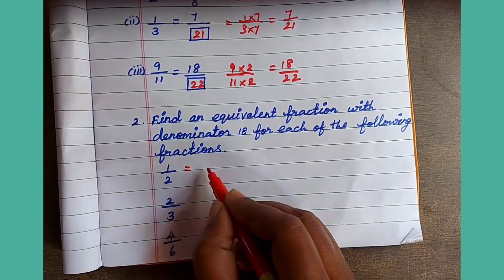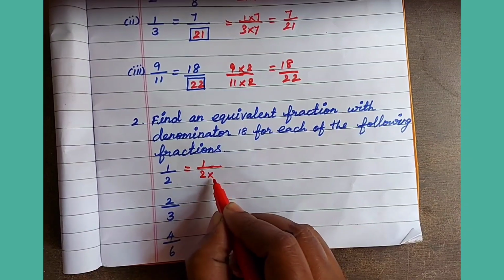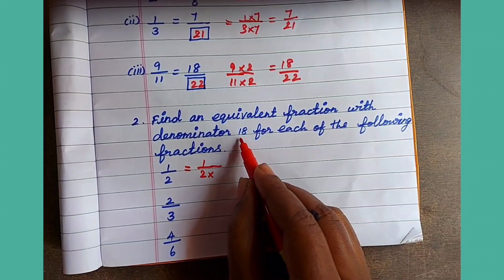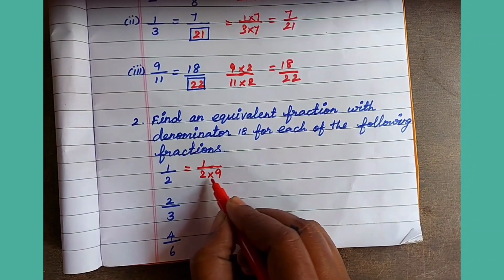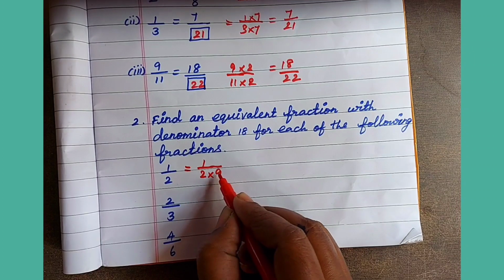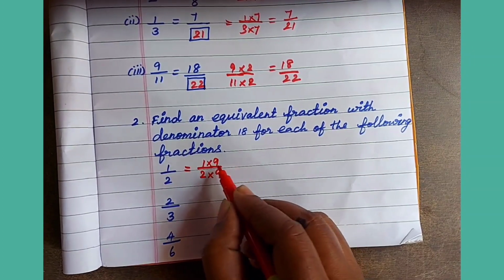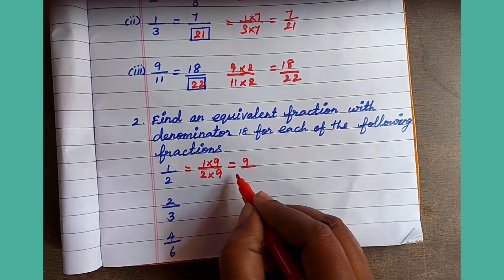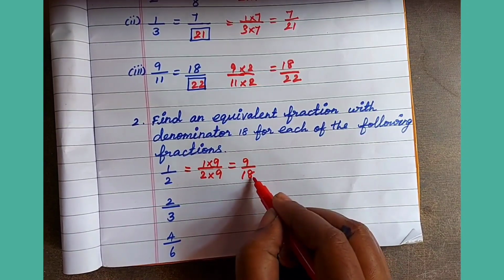Which number do we multiply to get 18? The 9 table: 2 9s are 18. The same number we multiply to the numerator also. So 1 into 9, 1 9s are 9, 2 9s are 18. So we get the denominator value 18.